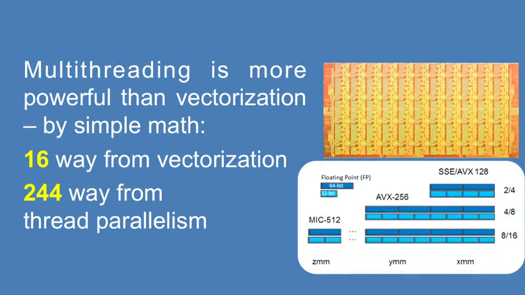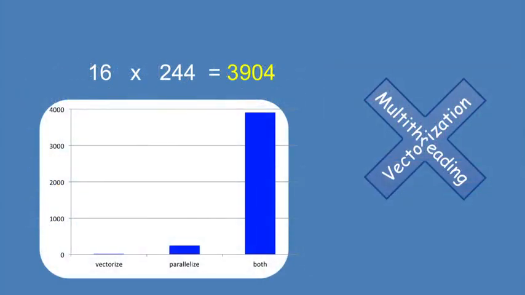And I'll pick on Xeon Phi because it's where processors are heading. They may not all be there yet, but it's where devices are heading. You can get 16x ideally from vectorization, but you can get 244x from threading. So it's pretty obvious that adding tasks or threads to your program will get you more performance. But the real kicker is the multiplication of this.